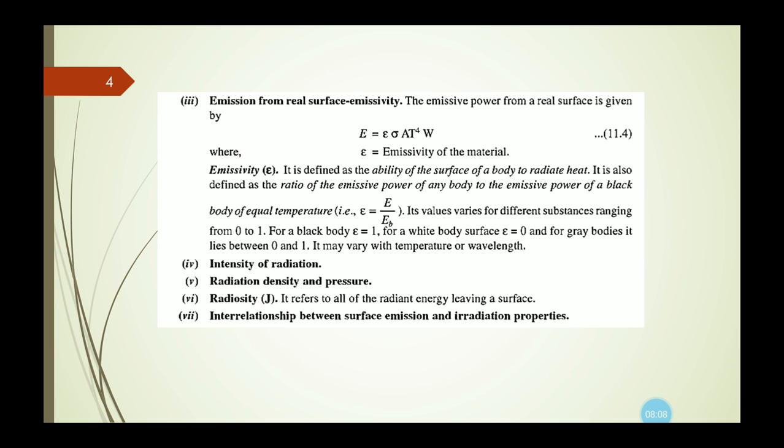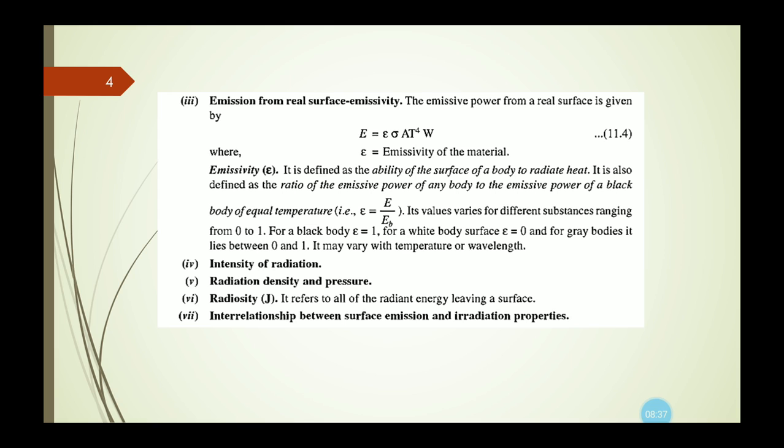Next, the emission from real surface, it is emissivity. Now the emissive power from a real surface is given by E equals epsilon sigma T to the power 4 watt per meter square, where epsilon is known as the emissivity of the material. Now what is this emissivity? The emissivity, with notation epsilon, is defined as the ability of the surface of a body to radiate heat.